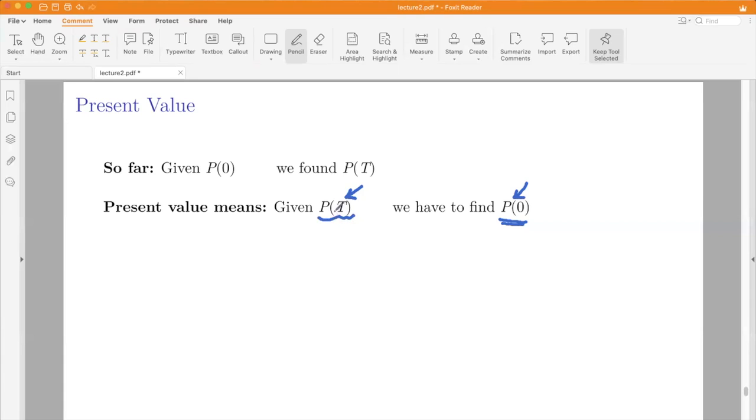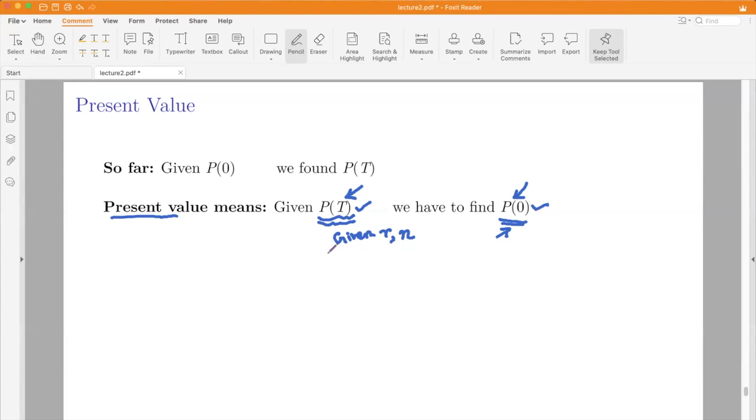So suppose I want this much money after say 2 years, given the interest rate and the frequency and so on, how much do I have to invest today? That is the question posed to us, and present value is to find a formula to get the amount that we need to invest in order to get this after given time.